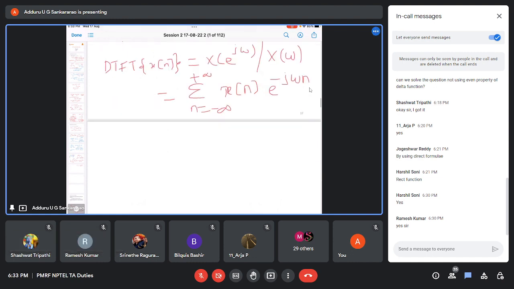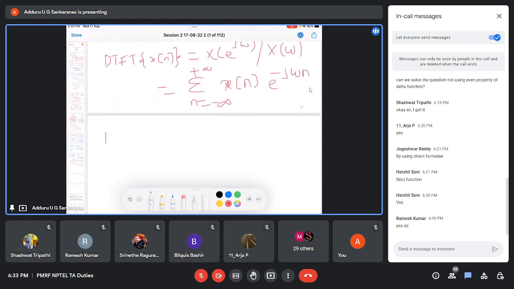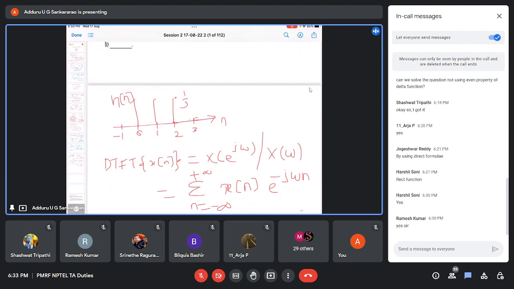Fine. Now H of omega is what? We have h value at only 3 values, n equal to 0, n equal to 1 and n equal to 2. H has a finite value 1 by 3, and for the remaining values of n it is 0. That's why we can take only those 3.